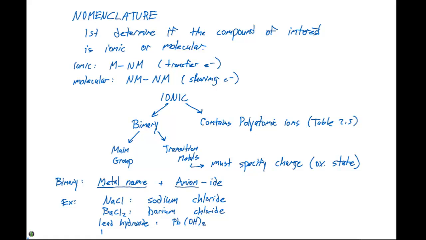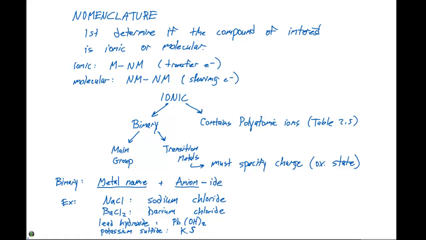The last example we'll look at is potassium sulfide. Potassium is K. It's in group 1A, so it has a +1 charge. Sulfide is S. It's in group 6A, which has a -2 charge.